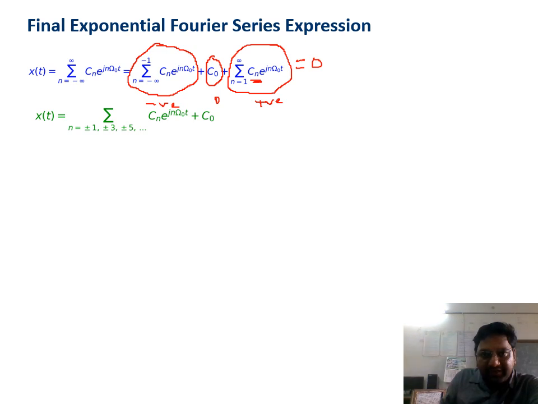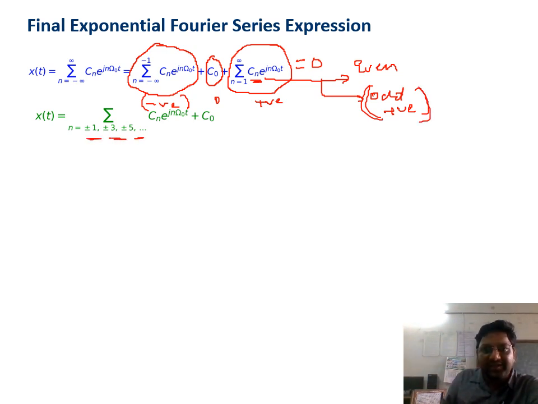Only the even part of Cn is 0, but the odd part exists. So the odd part of the positive side still exists, and this side is the negative side. That means this is the negative odd and this is the positive odd. So the series becomes plus or minus odd components plus C naught.